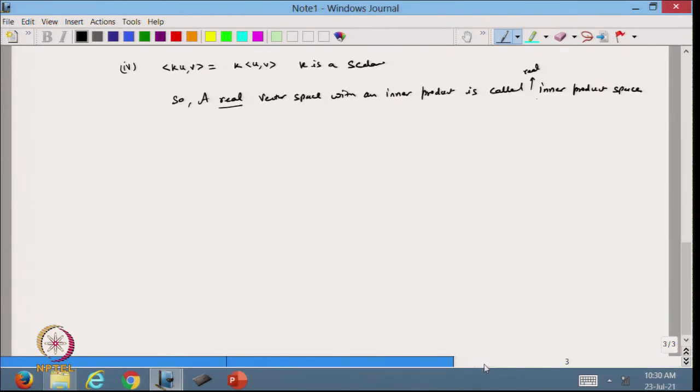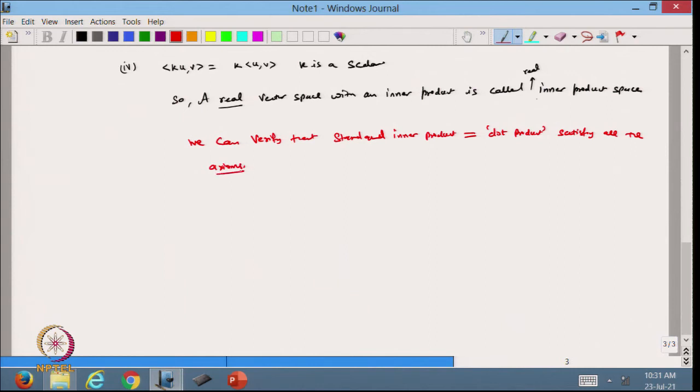Now, you can verify that the standard inner product, which is equal to the dot product, satisfies all the axioms.